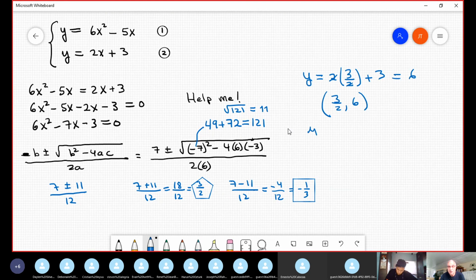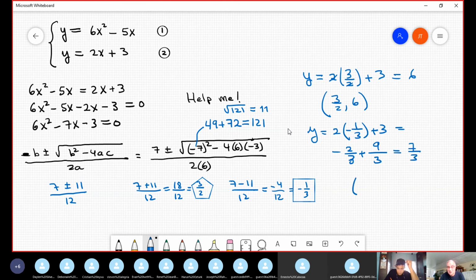My second: y equals 2 times negative 1/3 plus 3. Well, this is negative 2/3 plus 3. But I know that 3 is 9 over 3, so this is 7 over 3.